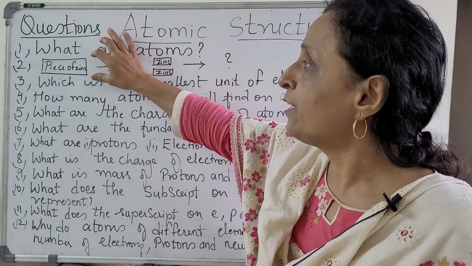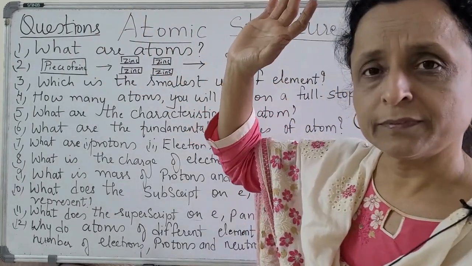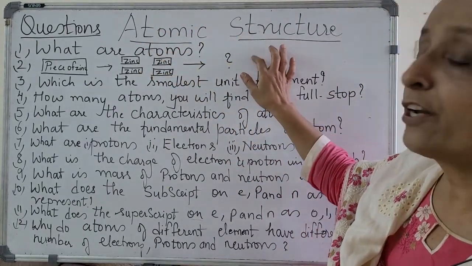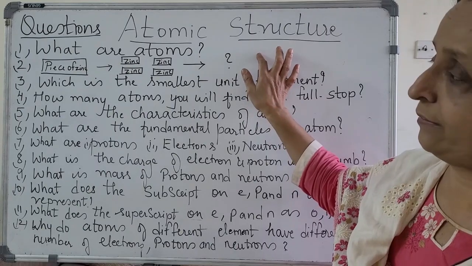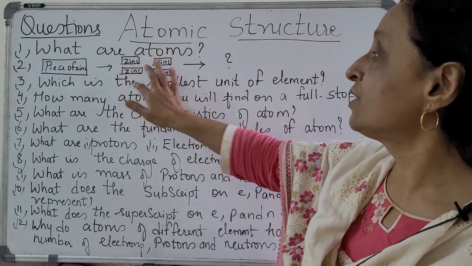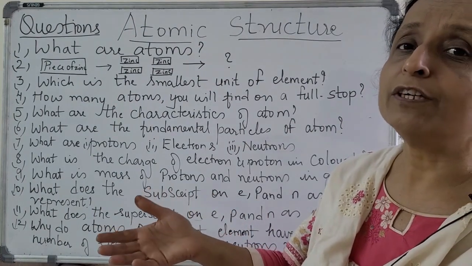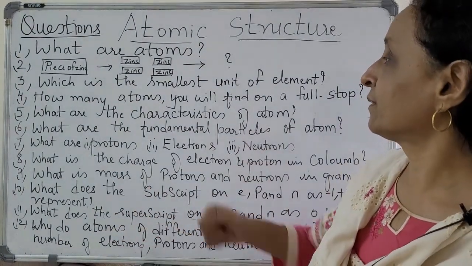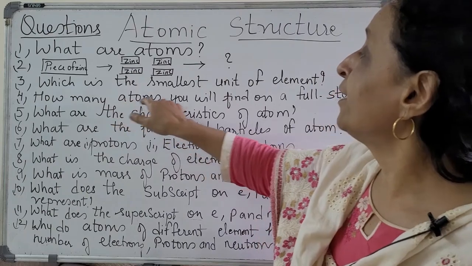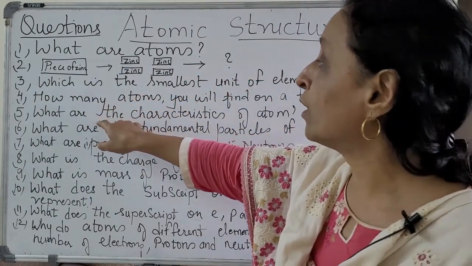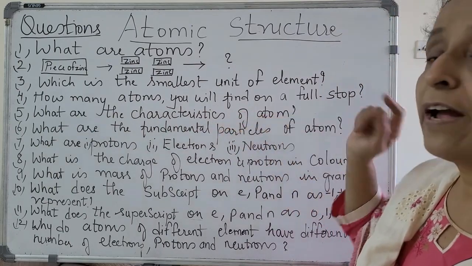Now you take a piece of zinc and you go on dividing zinc. So what do you get? You get atom of zinc, which is the smallest unit of element. Atom is the smallest unit of element. How many atoms will you find on a full stop? Millions.